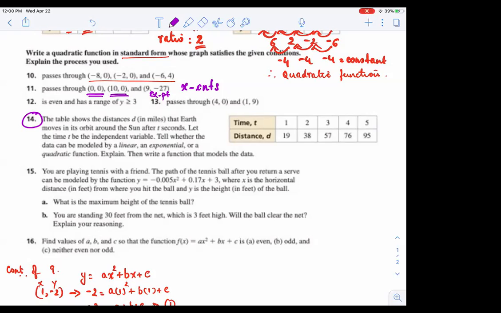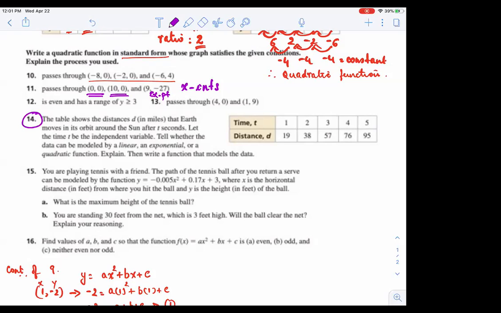You have to tell whether the data can be modeled by a linear, exponential, or a quadratic function. And then you have to write the function that models the data. We have done several of these in the past, like a couple of weeks ago. Let's try one more, which is 14. And the table is actually the distance that Earth moves in its orbit around the sun.